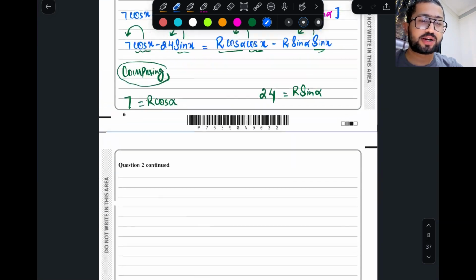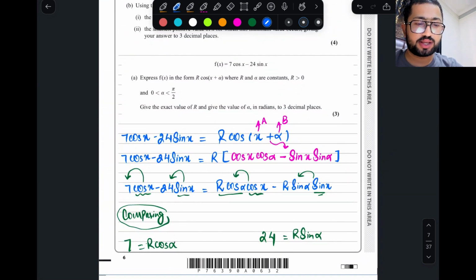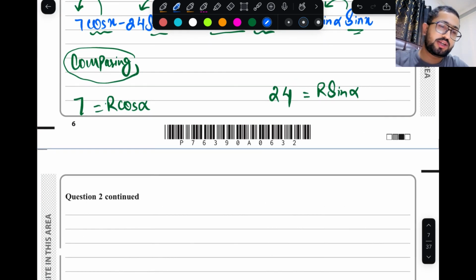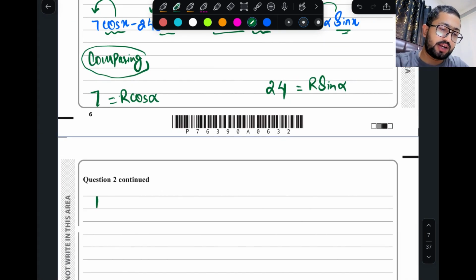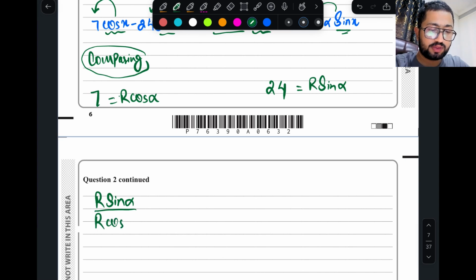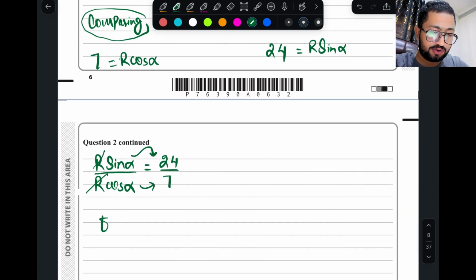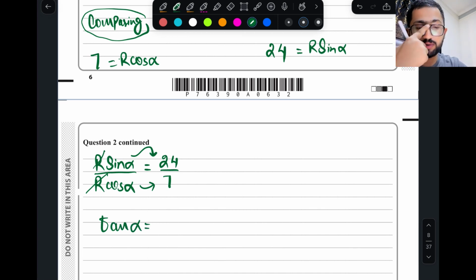Those people who learned this concept in the notes know what I'm doing. Then, you have to divide R sin alpha by R cos alpha. The term for R sin alpha is 24, and the term for R cos alpha is 7. Cancel out. I want to get tan alpha. Sin over cos is tan alpha, so tan alpha equals 24 over 7.